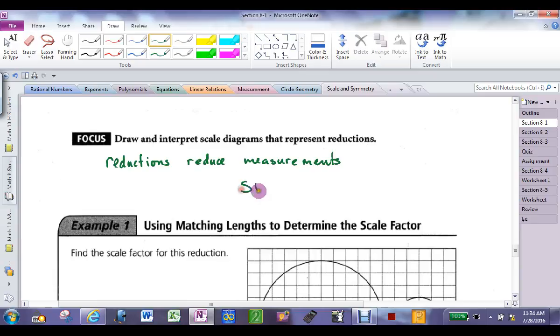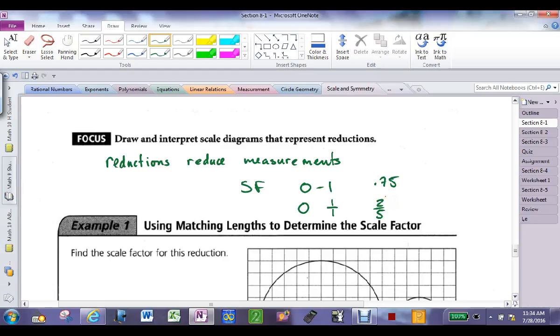So our scale factors are always 0 to 1. 0 to 1 as a decimal. As a fraction, they're 0 to 1 over 1. So, 0.75, is that going to be a reduction? Yes. Okay, 2/5, is that going to be a reduction? Yes, because 2/5 is less than 1.